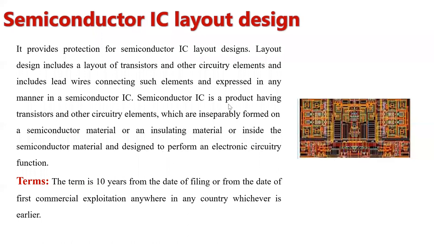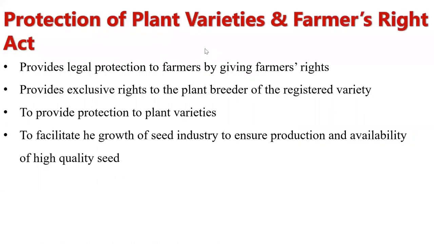Protection of plant varieties deals with plant breeding. Generally, plant breeding is a long and expensive biological science, but the plant varieties can easily be reproduced. Therefore, plant breeders need protection to recover their investment.